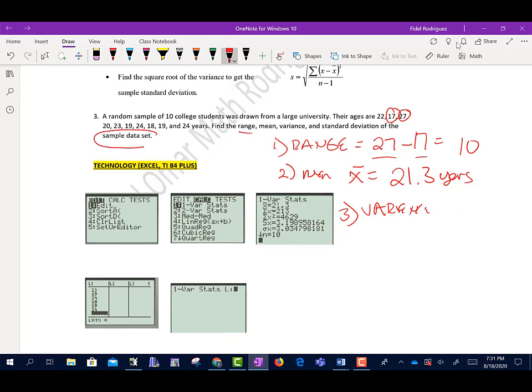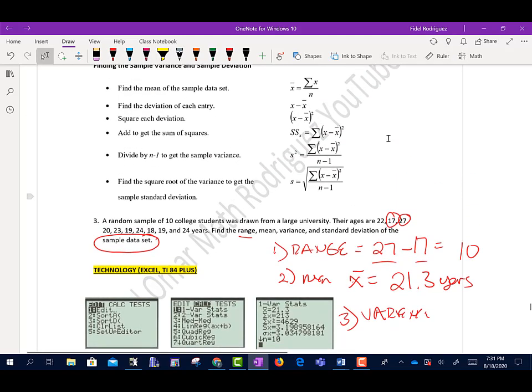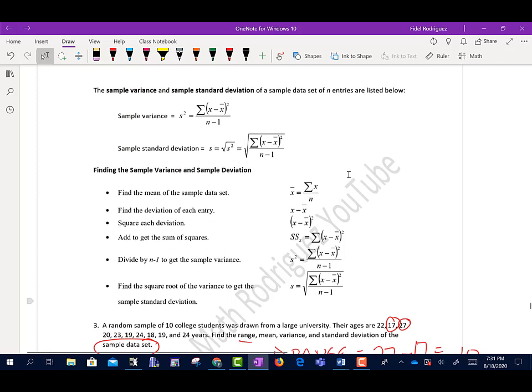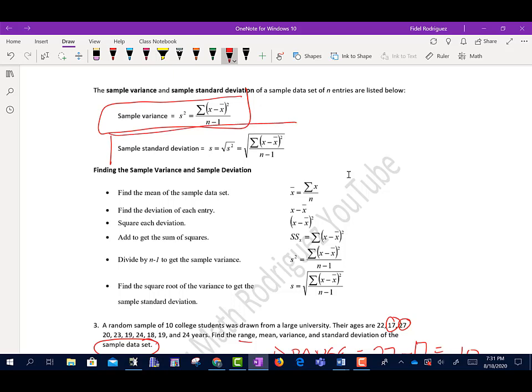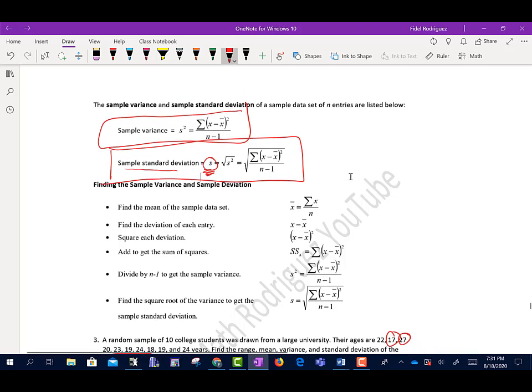Because this is a sample data set, there is something that we call the sample variance and the sample standard deviation, okay? I want you to notice the symbol for the sample standard deviation. It's the letter S, okay?